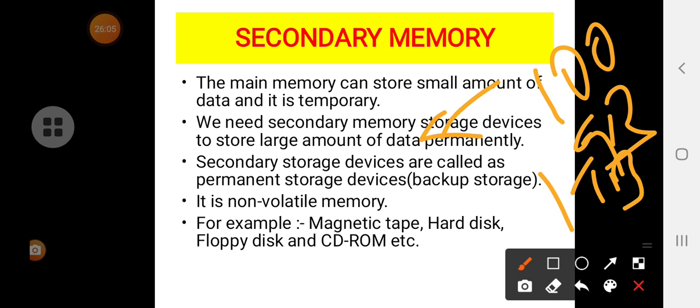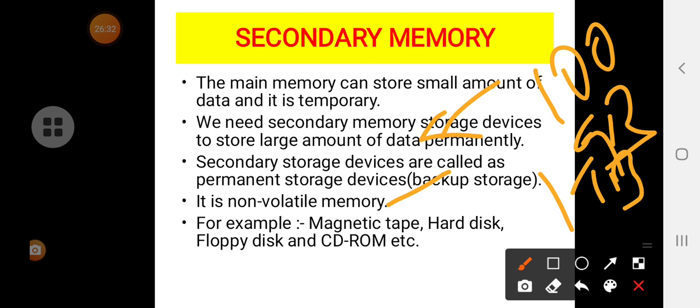That is, whenever the data is lost accidentally, then also it can be taken back, that is, it can be backed up. Okay, so this is called non-volatile memory. As I told, the data is permanent, therefore it is called non-volatile memory. So examples are such as hard disk, magnetic tape, floppy disk, and then CD-ROM.